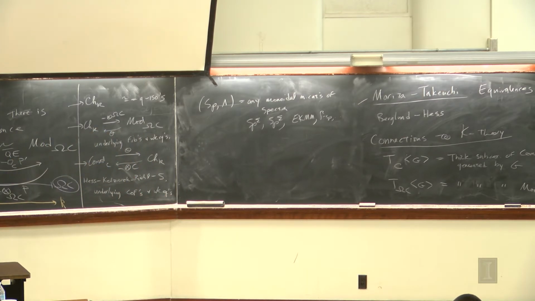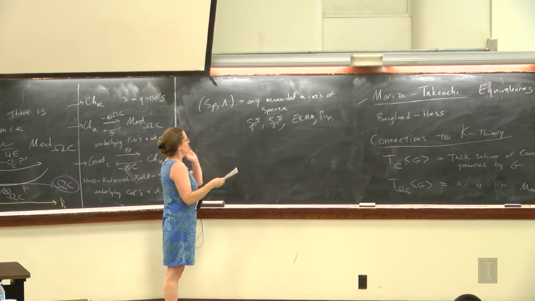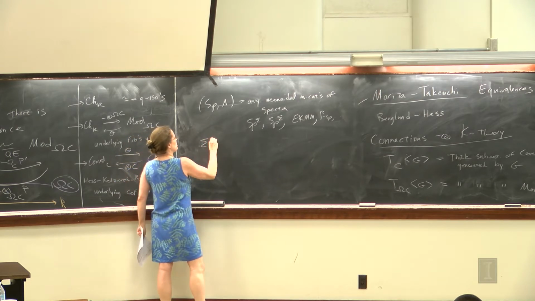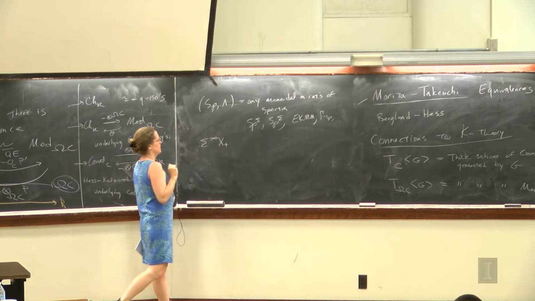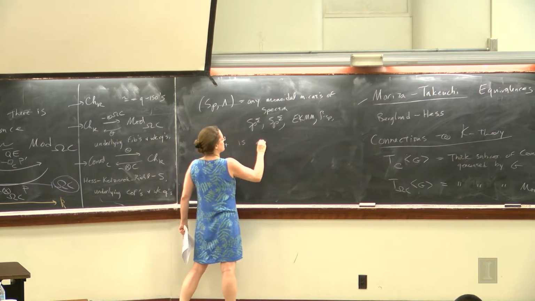So any of those nice categories of spectra, well, as I mentioned at the beginning, the suspension spectrum of a space with a disjoint base point is an S-coalgebra.